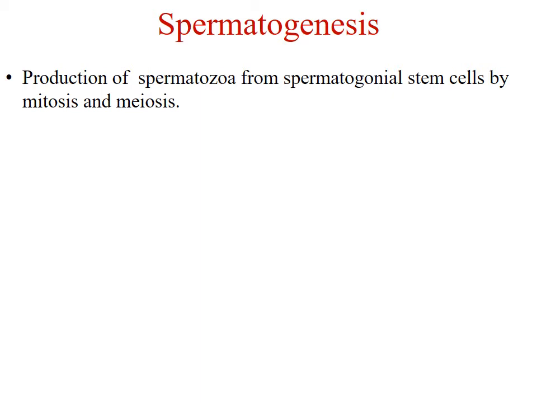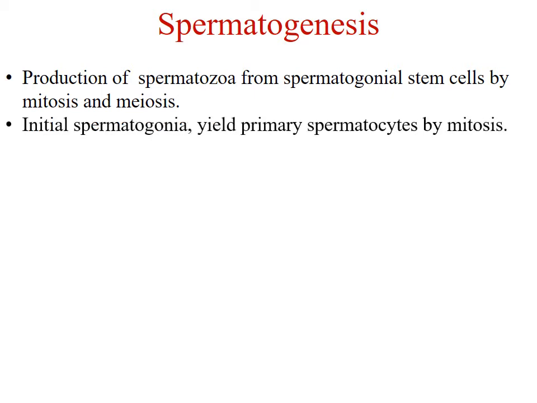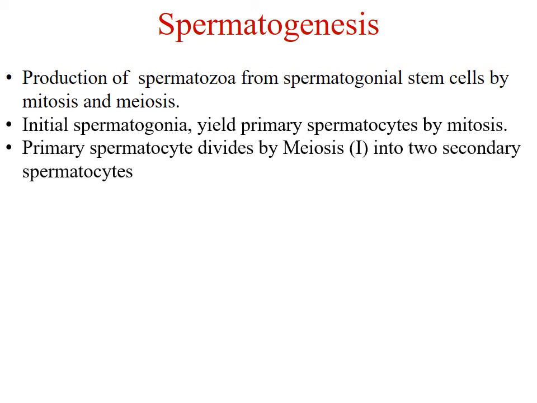Spermatogenesis is the production of spermatozoa from the spermatogonial stem cells by mitosis and meiosis. Initial spermatogonia yield primary spermatocytes by the process of mitosis. Primary spermatocytes then divide by first meiosis into two secondary spermatocytes.